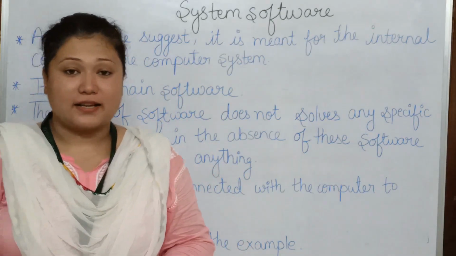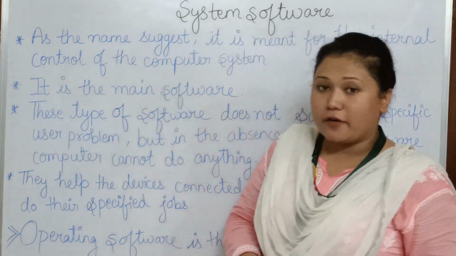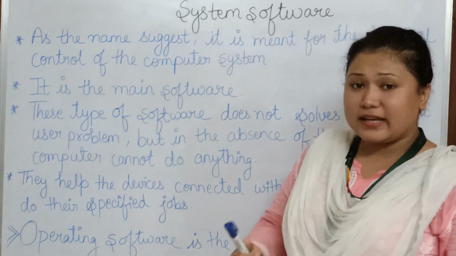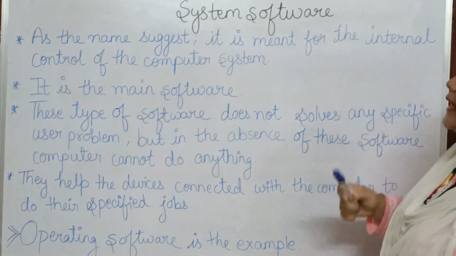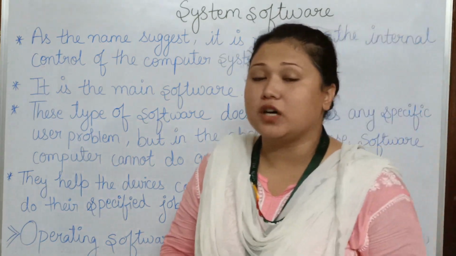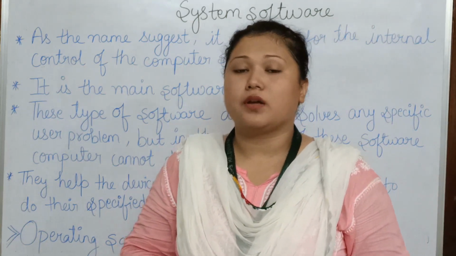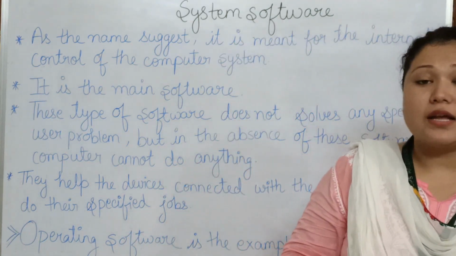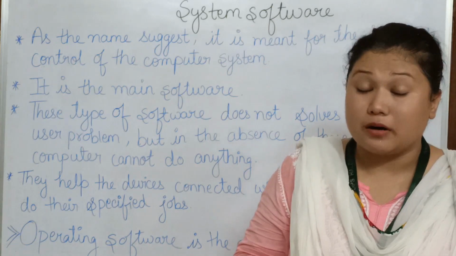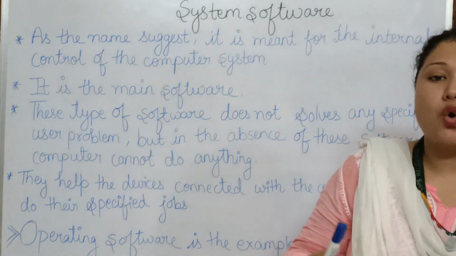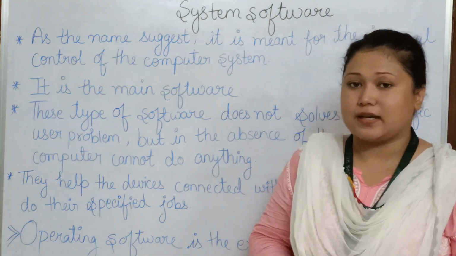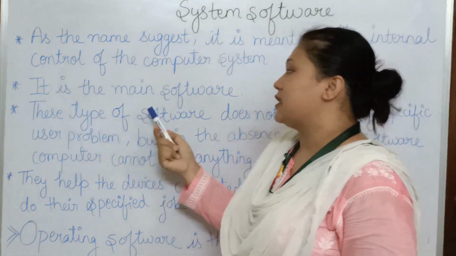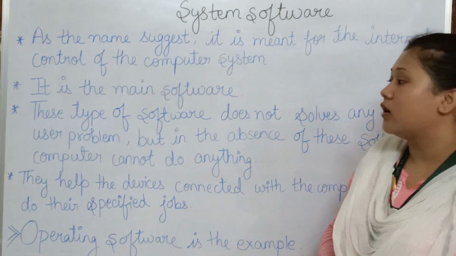Now, first is system software. As the name suggests, it is meant for the internal control of the computer system. Its purpose is to control the internal processes of the computer system. It is the main software.